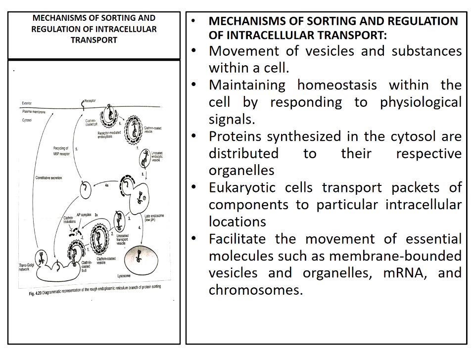The proteins synthesized in the cytosol are distributed to their respective organelles. Eukaryotic cells transport packets of components to particular intracellular locations, and this facilitates the movement of essential molecules such as membrane bounded vesicles and organelles, mRNA and also chromosomes.